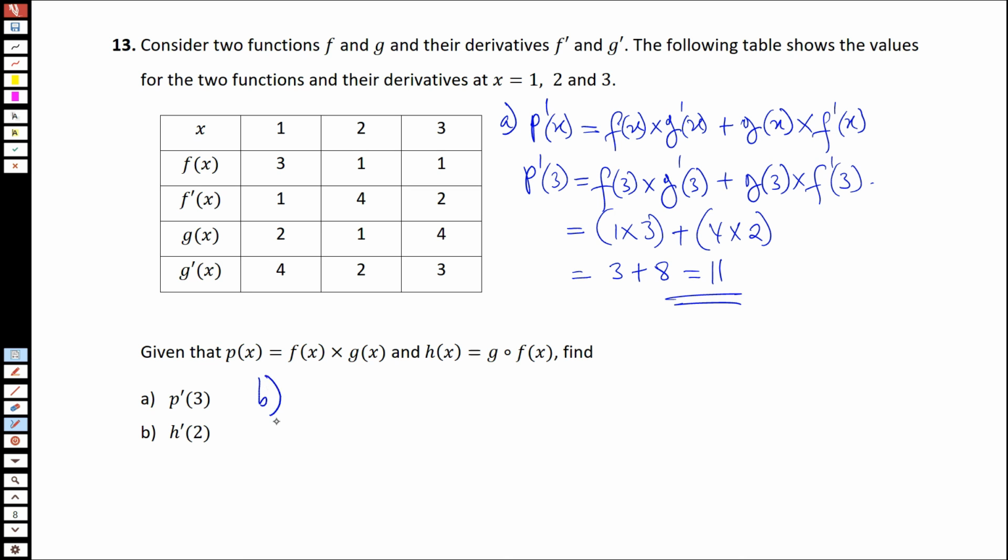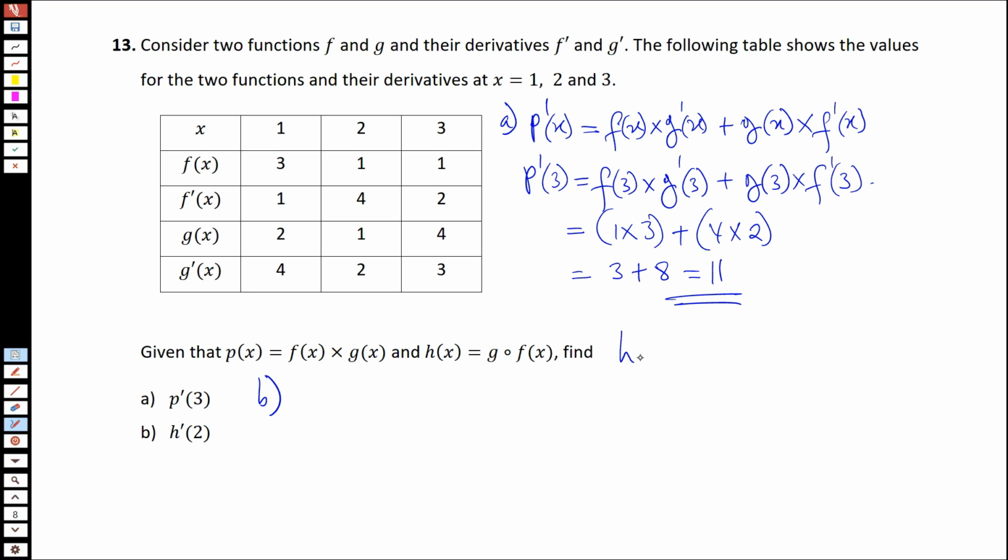So for part B, they want us to find the derivative of h at 2. So let's start by finding the derivative of h. Now h is a composition of g and f.